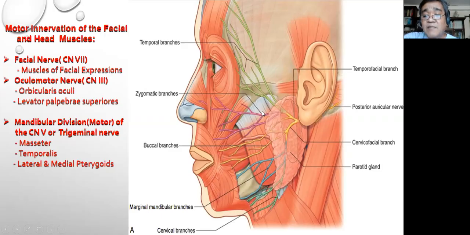These are the masseter muscle, this one over here, the temporalis muscle over the side of the skull, and your lateral and medial pterygoid muscles, which we cannot see here because they are located at the inner surface of your mandible. So these are the motor innervations of the face and the head.